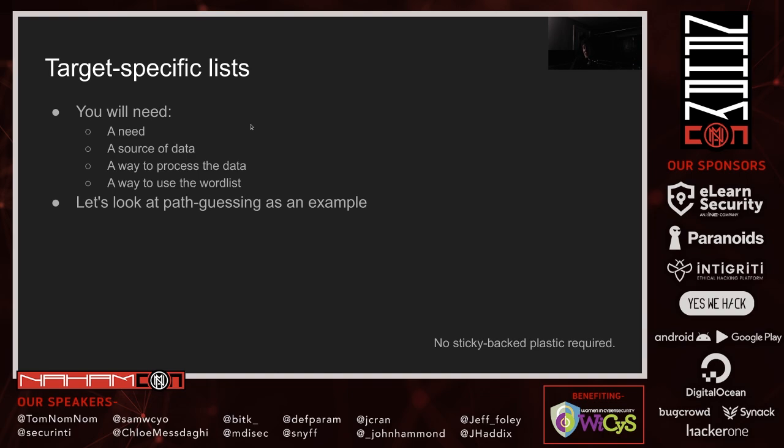We need a way to process the data, so depending on where we get it from, the data might not be in the format that we require. And then we need a way to use the word list, which is mostly outside the scope of this talk, but we'll pay a very small amount of attention to it anyway.